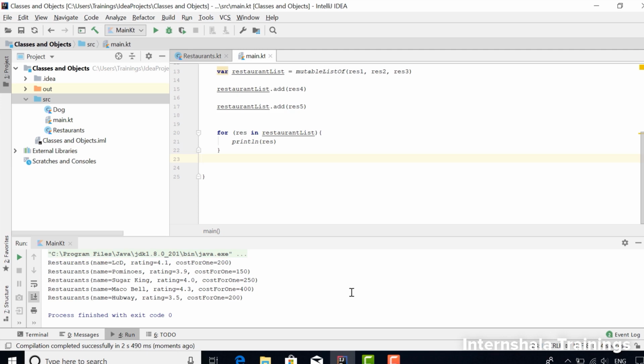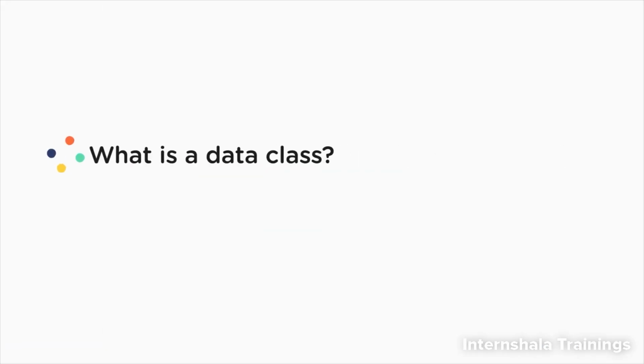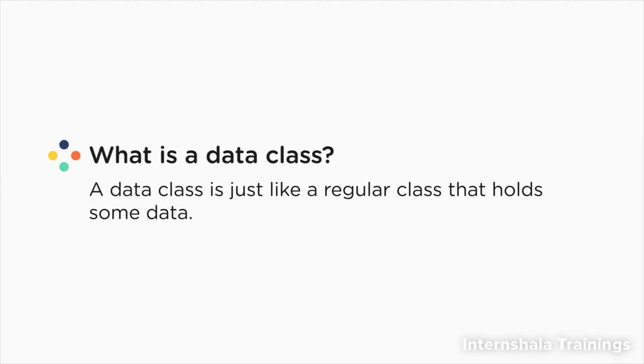Now let's go back to one thing that we left off midway, and that is data classes. So what is a data class? Well, a data class is just like a regular class that holds some data. Now when we will develop Android applications, a lot of times we will need classes that will not really perform any function, but will hold a lot of data.